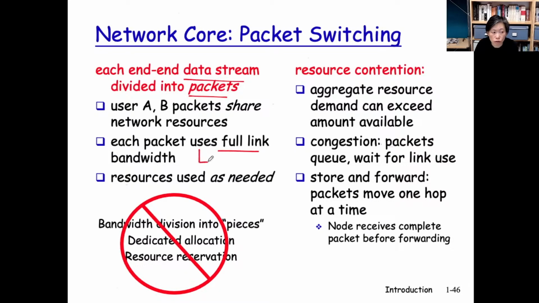If you consider L being the size of the packet length, and R being the link bandwidth or the link rate, the delay to send a packet is very small. This is one advantage.